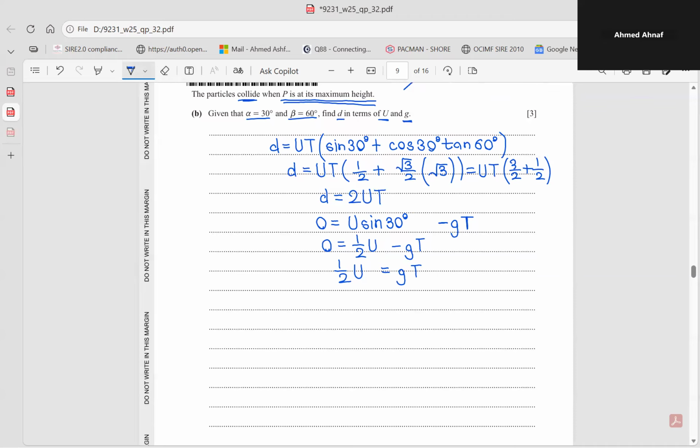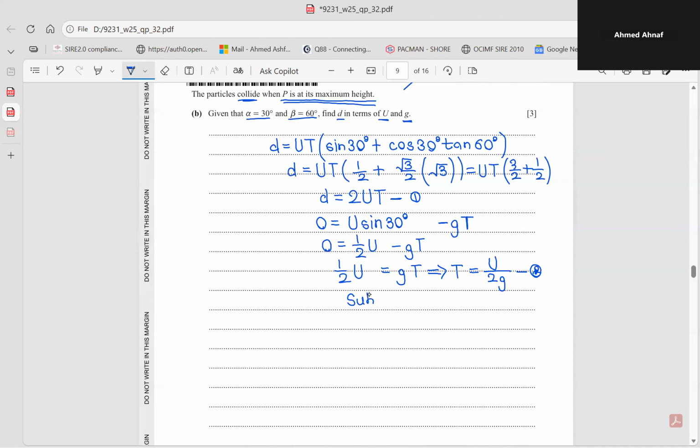Now we can make t the subject. So doing that, you would get u over 2g. So this is our first equation, actually no, this is our first equation, and this is our second equation.